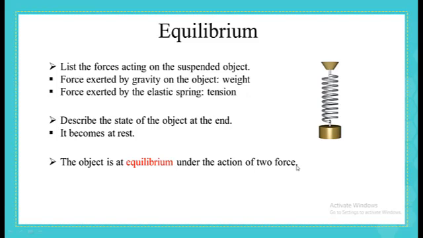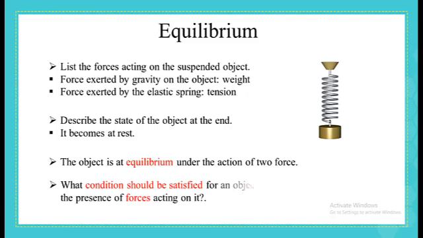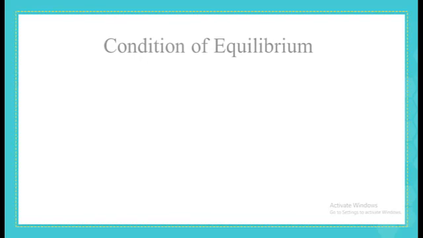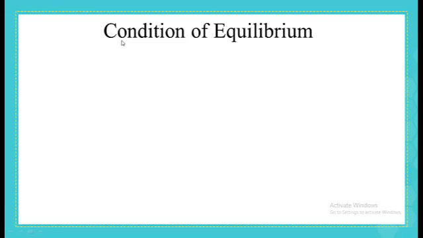In grade 9, we will talk about two forces acting on a body, and this body can attain a state of equilibrium. Here we have another question. How can a body be at equilibrium despite the presence of some forces acting on it? In order to answer this question, we have to move to the second title, which is the condition of equilibrium.